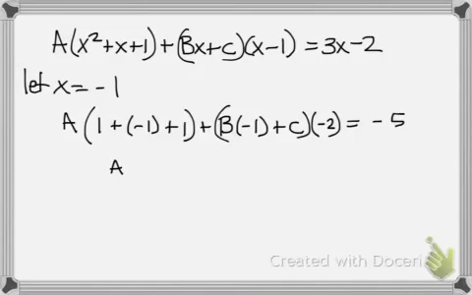So 1 plus 1 minus 1 gives me 1 times a, and then negative b plus c times negative 2 is going to be 2b minus 2c equals negative 5.